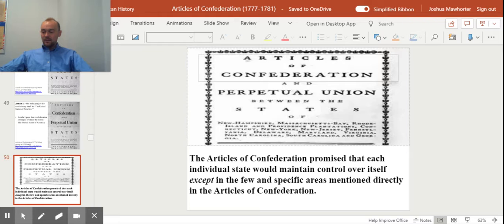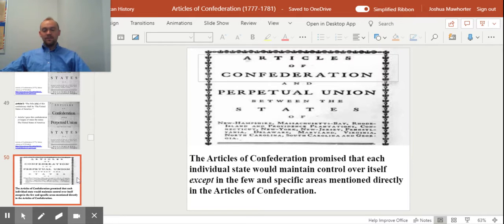The states have all the powers, except for a few specific areas mentioned directly in the Articles of Confederation. So the default position is that if the responsibility or the legal mandate to do something is not in here, then it remains with the states.